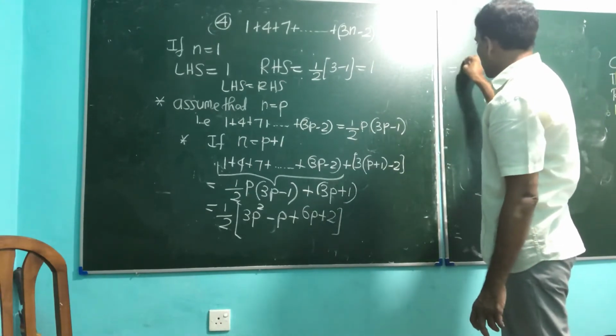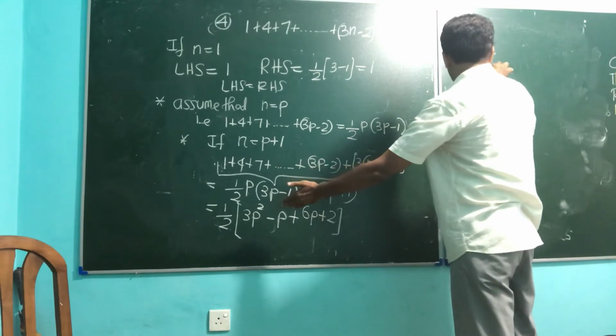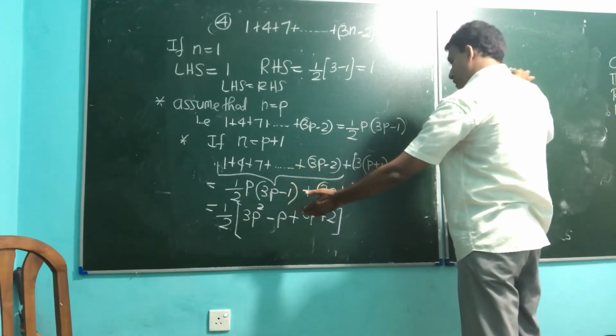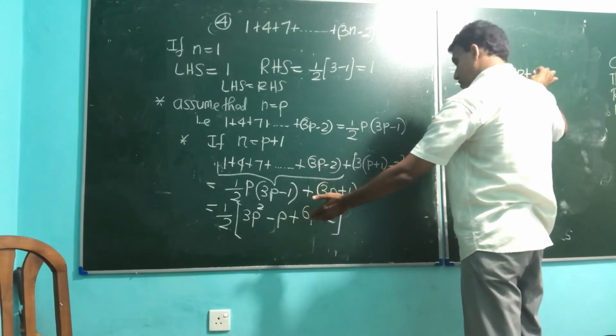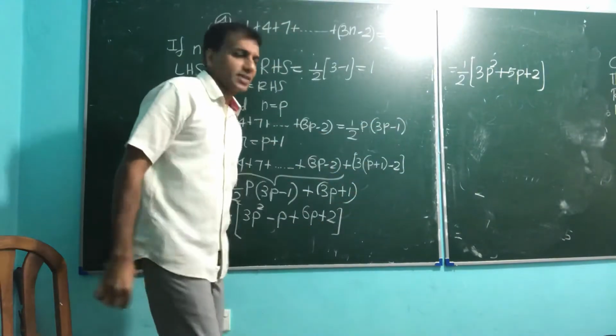So that is equal to half into 3p square plus 5p plus 2. See what a simple case.